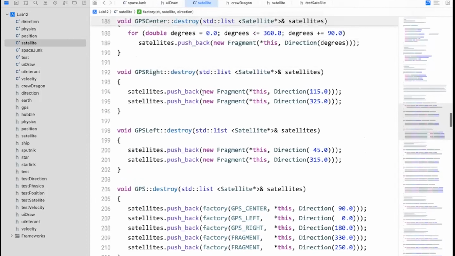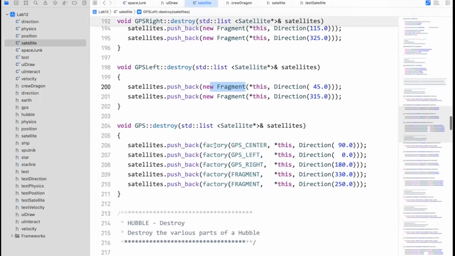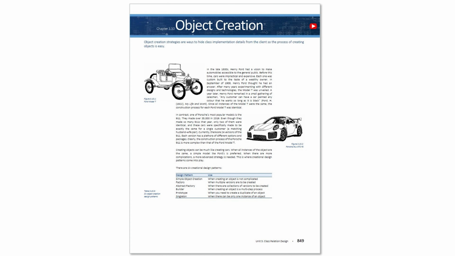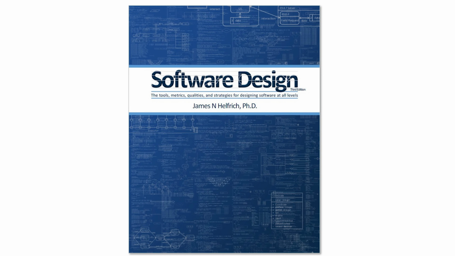So the non-factory version calls new, new, new. The new factory version just calls factory and enumerates which factory type, which greatly simplifies the entire process. This is example 39.2 in the factory section of the object creation chapter of the software design textbook.